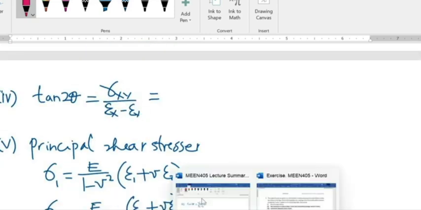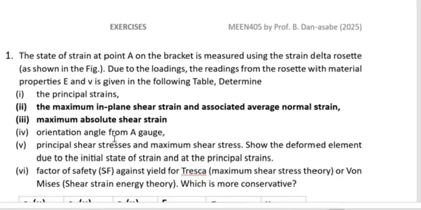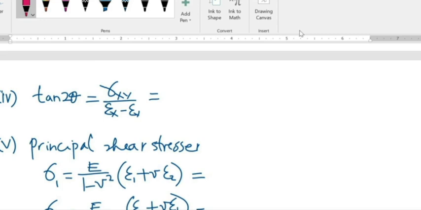So the next question is to determine the orientation angle from gauge A. And this is the formula used to determine that, right? So the orientation angle is tan 2 theta, and so we should be able to have tan 2 theta equal to the shear strain divided by the difference in the normal strains.